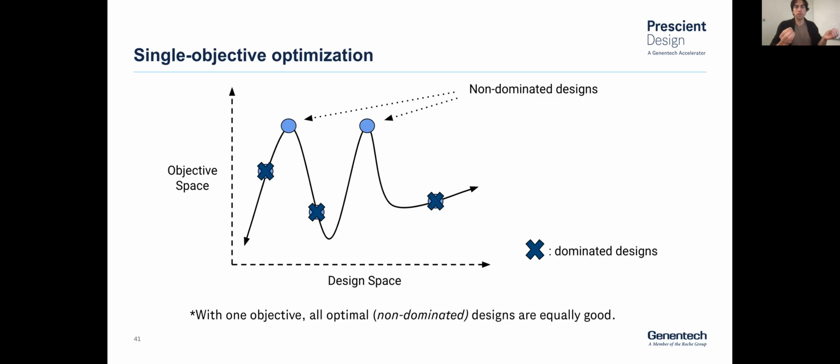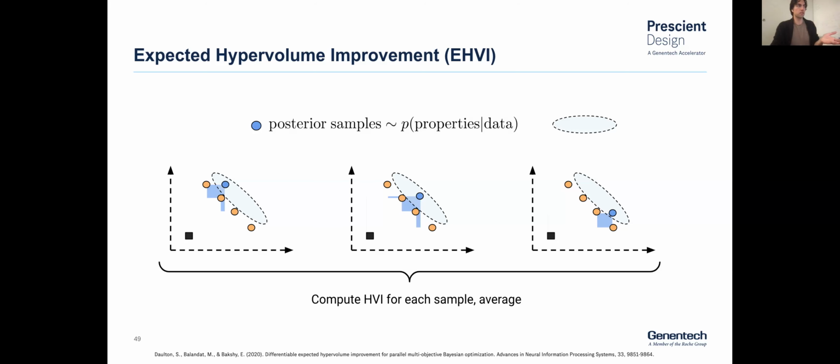Each sample will have an associated hypervolume improvement, and then you just average across the samples to get what's called the expected hypervolume improvement. And there's one additional adjustment that you make for the noise in the observations that I'm not going to cover in detail here, but essentially what it boils down to is you have to use your posterior to estimate both the location of the baseline points and the design points.